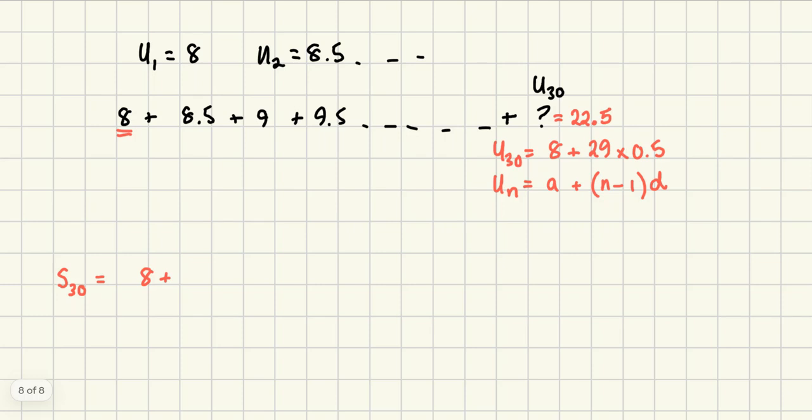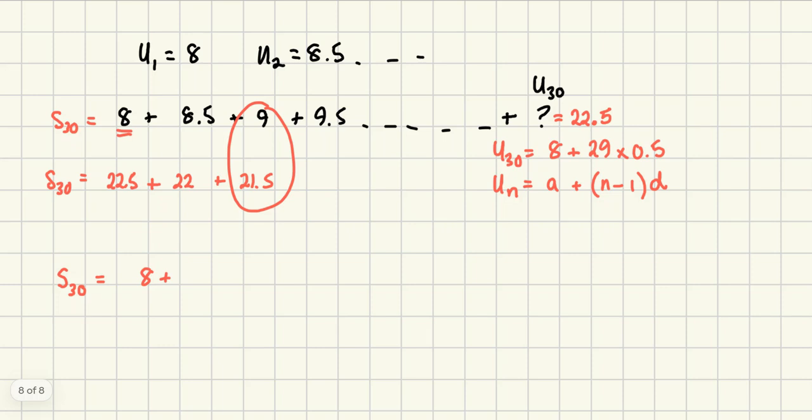We wrote the sum of 30 terms, and then we wrote the sum of 30 backwards, which was 22.5 plus 22 plus... So what does that add to?